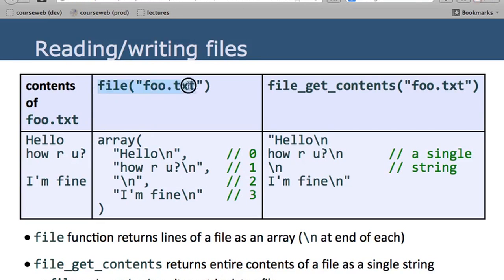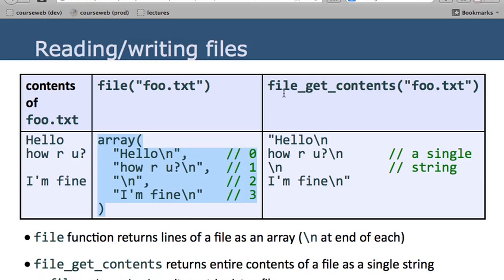There are two primary ways of reading files in PHP: the file function and the file_get_contents function. These are both for reading a file, and there's a significant difference between the way they work. The file function looks at this file and returns the entire contents of that file in an array. It splits the file up into lines, and each element of the array is a line in the file.